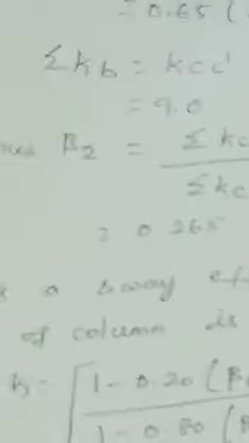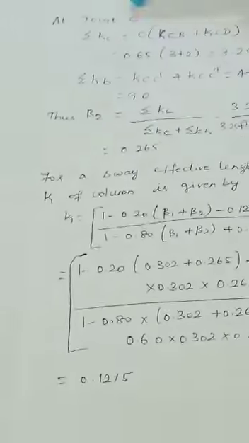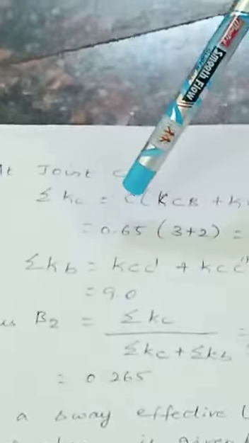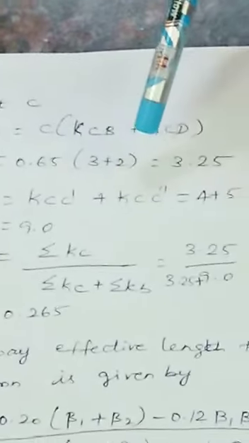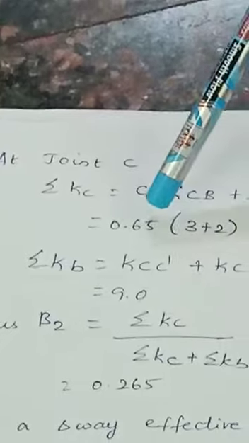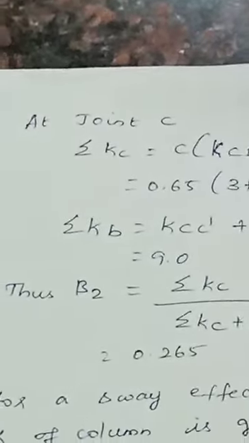Now we will continue the problem. Joint B we have already calculated, and now at joint C, the sum of KC is equal to C into KCB plus KCD. C is the connection factor, which is 0.65, and KCB is 3 and KCD is 2. As we calculated for B, we calculate the same here, which is 3.25.